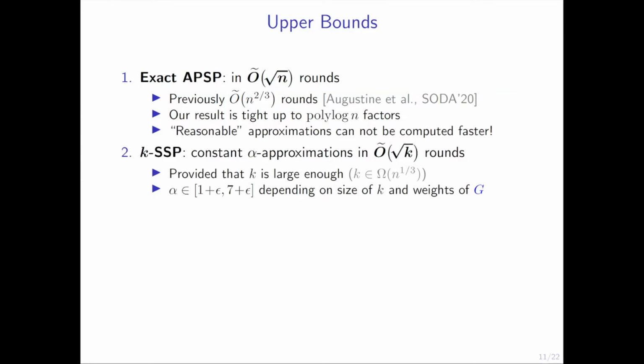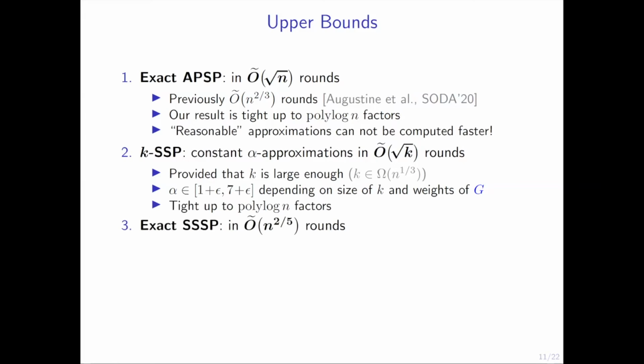Our approximation ratios range from 1 plus epsilon to 7 plus epsilon, depending on the size of k and the weights of G. So our best result is for large k and unweighted G. This is tight up to polylog n factors, as we have seen from the previous lower bound.